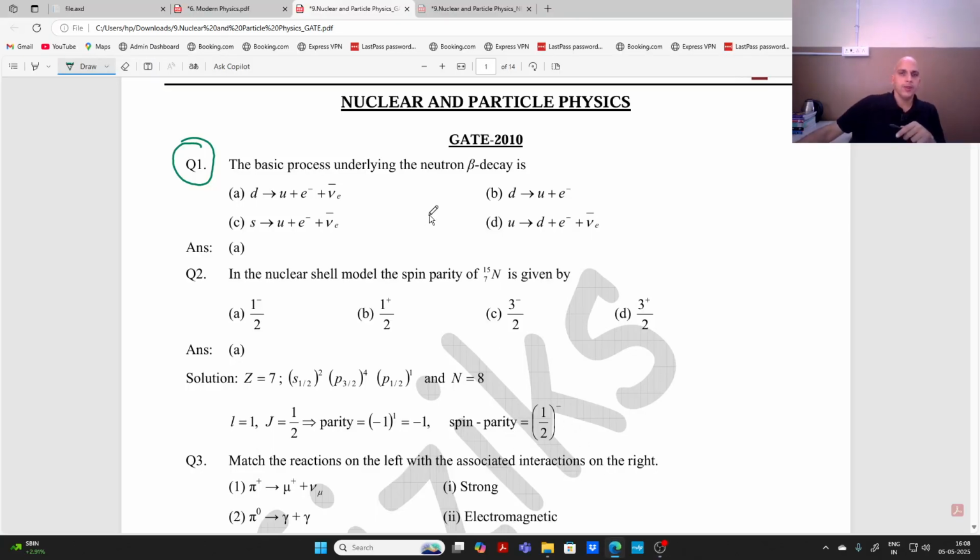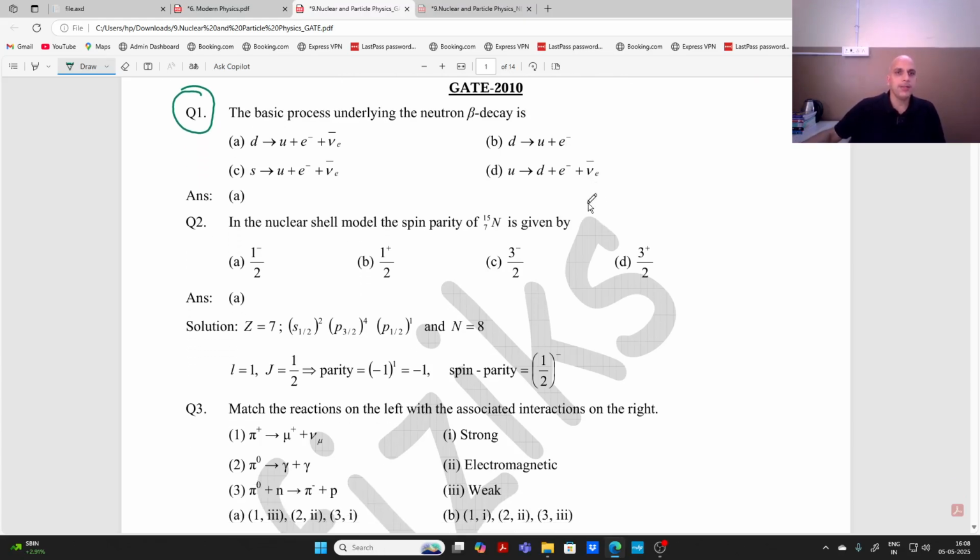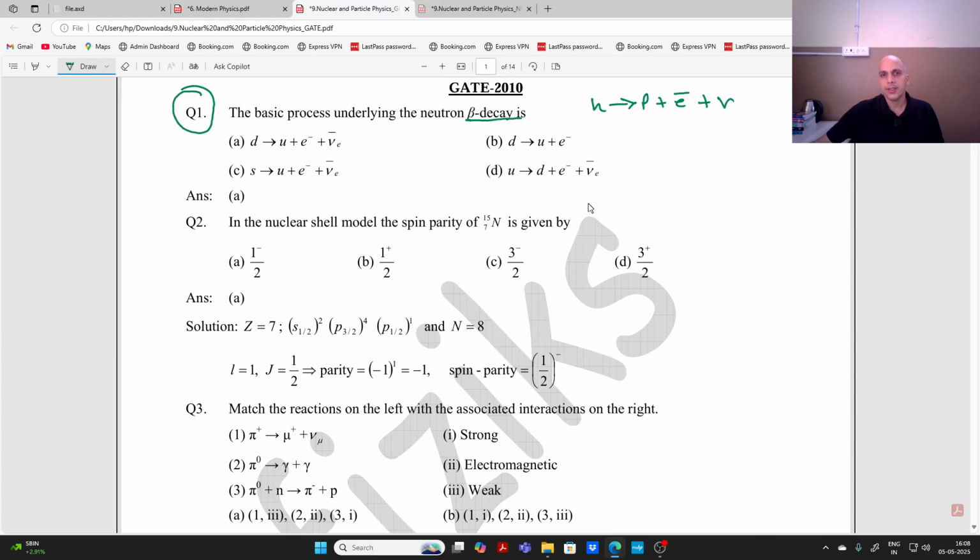Now I'm going to take up the questions of the GATE exam. The first question is about the basic process underlying neutron beta decay. Neutron beta decay means a neutron converts into a proton plus an electron plus an anti-neutrino.